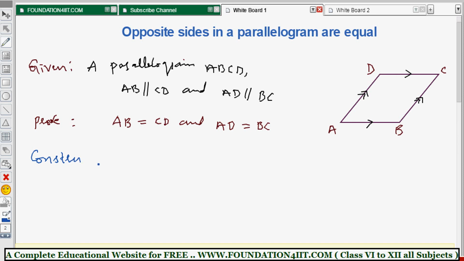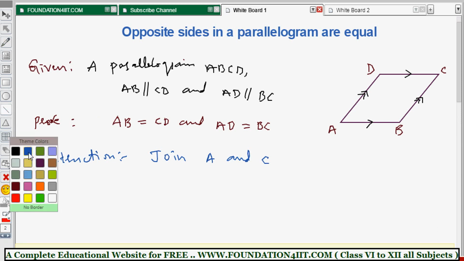because this proof of opposite sides in a parallelogram is based on the congruency rule. So we will prove two triangles congruent, then we'll prove the theorem. So your construction is, because it's only a single parallelogram, if I join one diagonal, join A to C, then it forms two triangles.